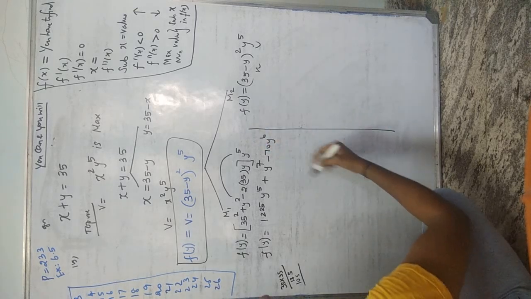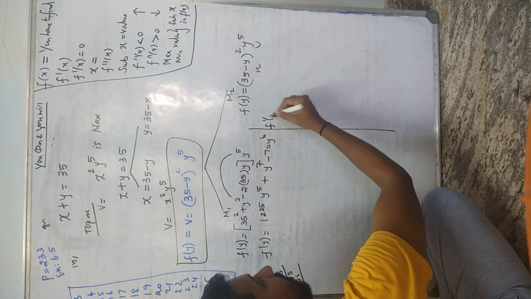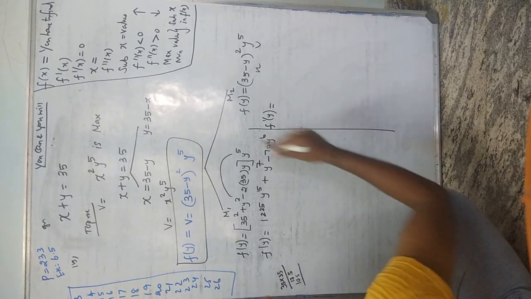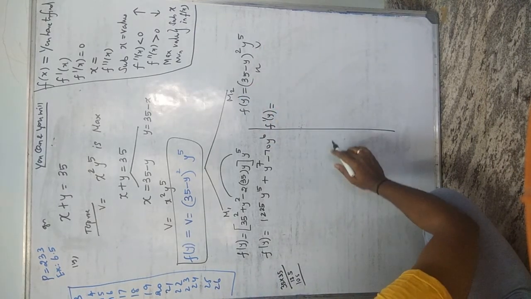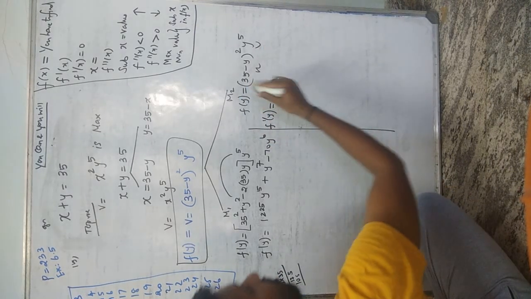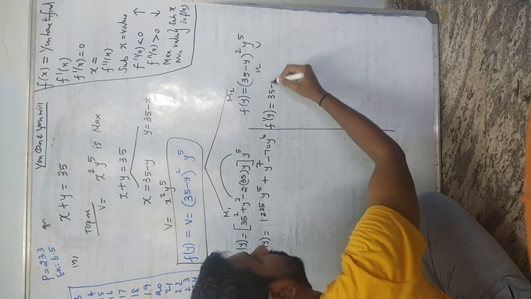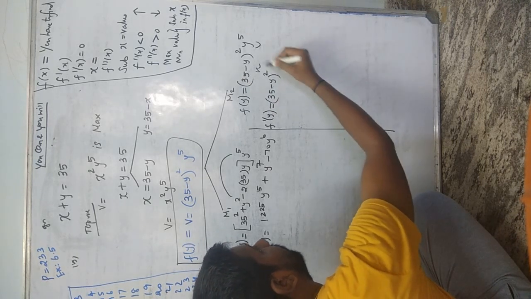If I go with the uv formula, that is f dash of y equals u v dash plus v u dash. So I'll go with u v dash.